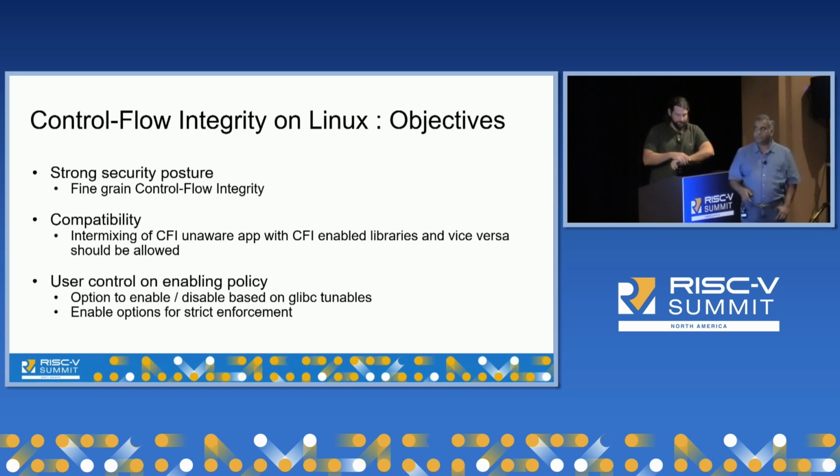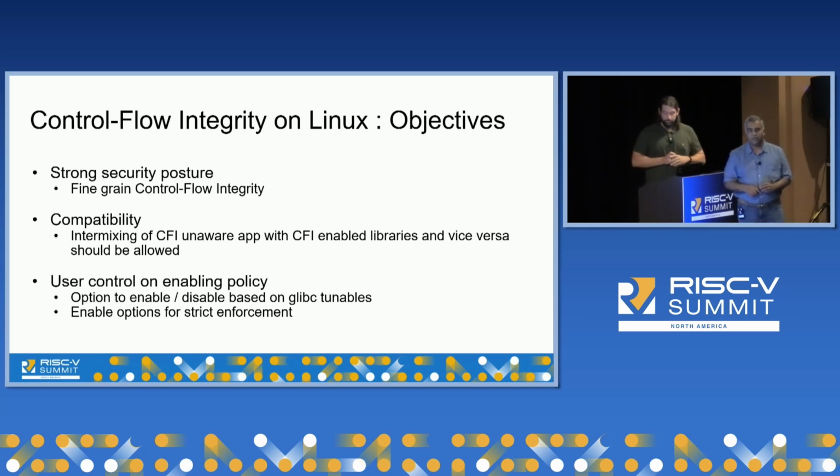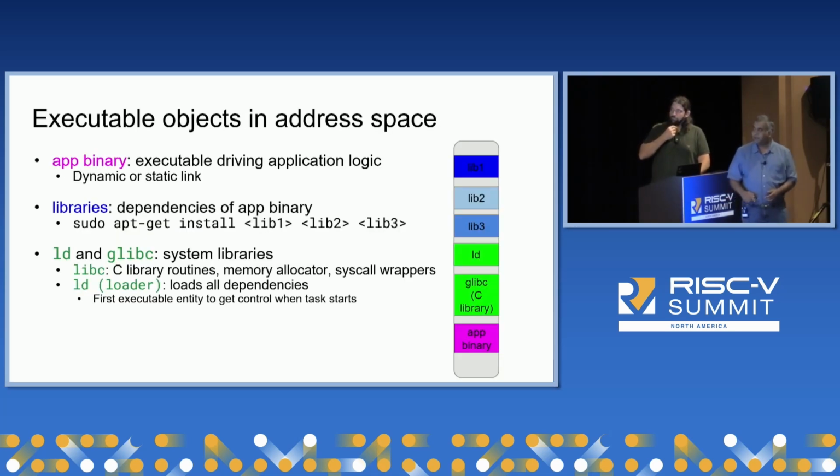With these two extensions, we can provide fine-grained control flow integrity. But at the same time, Linux also needs to ensure compatibility so that it can support intermixing of CFI-aware apps with CFI-unaware apps, and mixing of CFI-aware libraries with CFI-unaware libraries, and also enforcing user policies on when to enable and lock these capabilities.